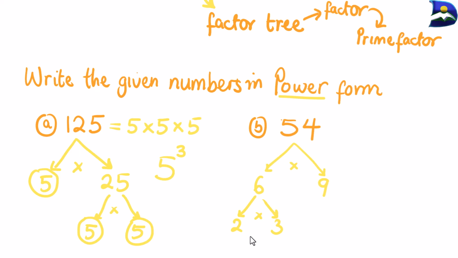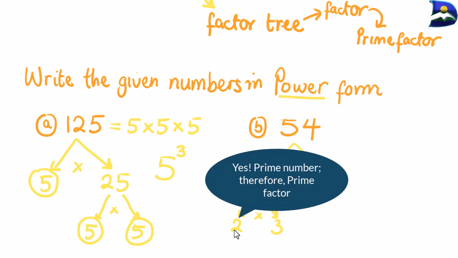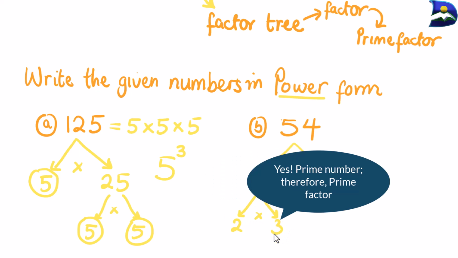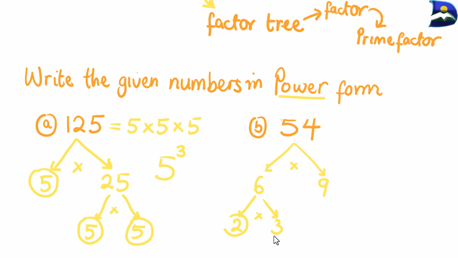And so remember that 2, yes, is a prime number because it is divisible by 1 and itself only, and it as well is applicable to 3. It is divisible by 1 and 3 only, no other number. Therefore, we are circling that as yes, that is the end of that tree. And for the other part here, for 9, we're going to find two factors that we're going to multiply together, and here we have 3, which is a prime number, and 3, which is also a prime number.